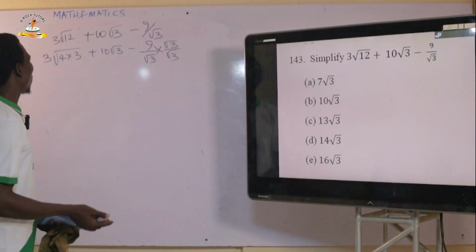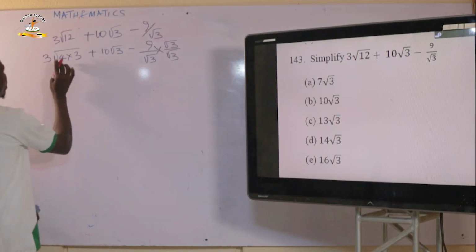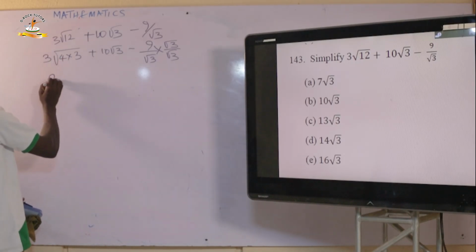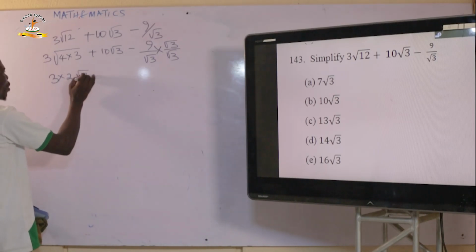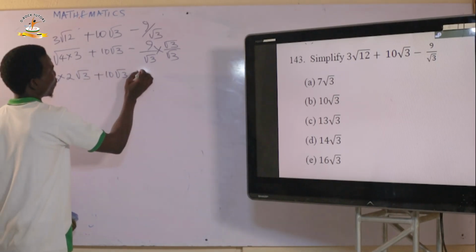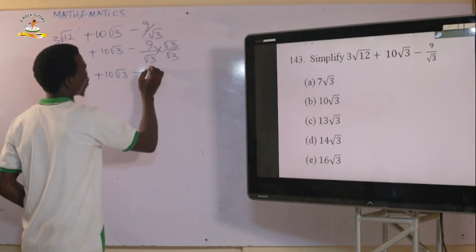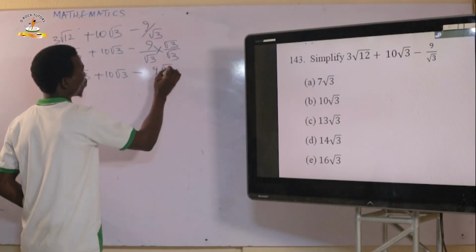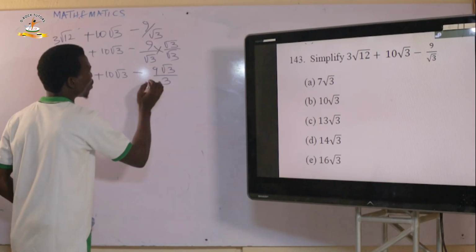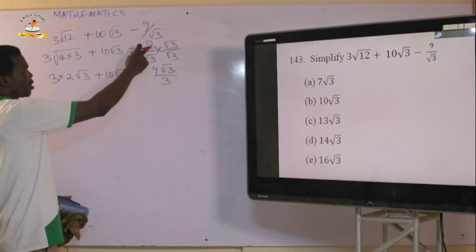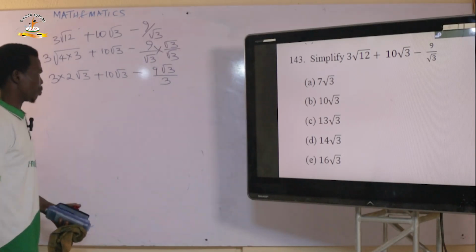And as such, what happens? You say this root 4 is a perfect square, so root 4 is 2. So I bring it times 2 root 3 plus 10 root 3 minus, this is going to be what? Root 3 times root 3 is 3. So 9 root 3 all over 3. Because root 3 times root 3 is 3. 9 times root 3 is 9 root 3.